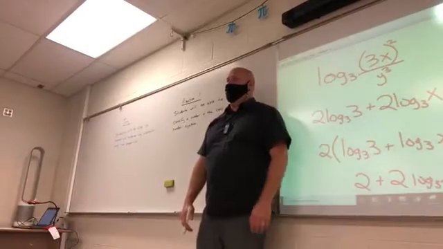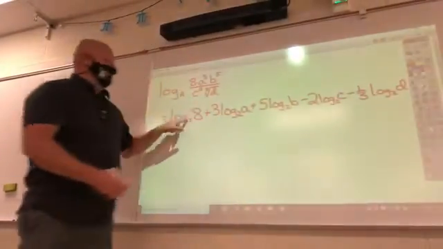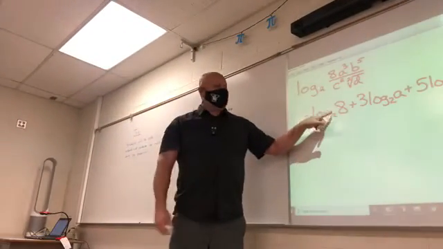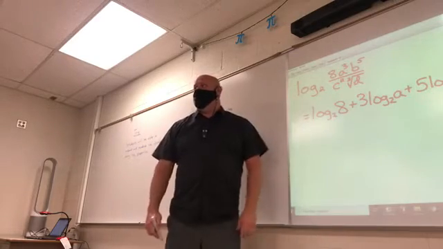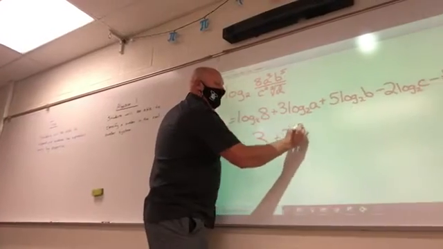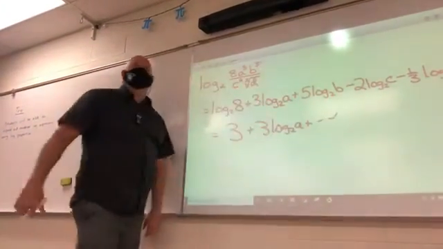Make sense? I could have done the same thing on the previous one right here, because I can simplify that. 2 to what power is equal to 8? So that's the same thing as 3 plus 3 log base 2 of a plus and so on.